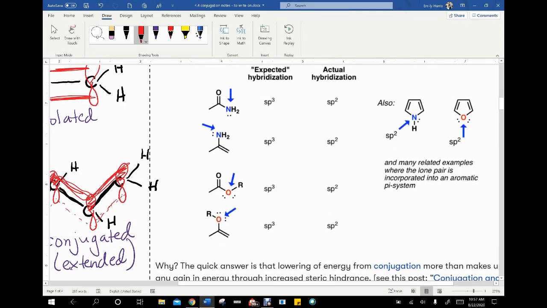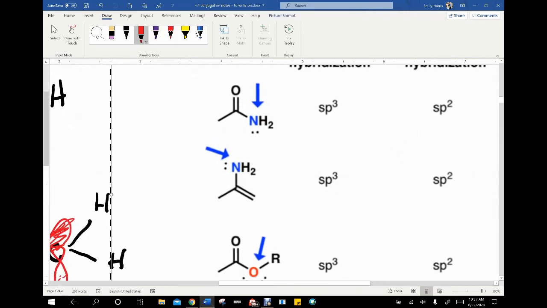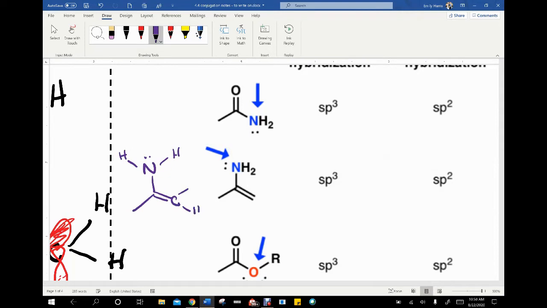And so let's say you have something like this NH2 here. Now normally, if we redrew this, you've got your nitrogen, it's got a lone pair, it's got two hydrogens, it's got a double bond to this carbon over here and a carbon here. And if we drew in our carbons and hydrogens, here is what we would have.